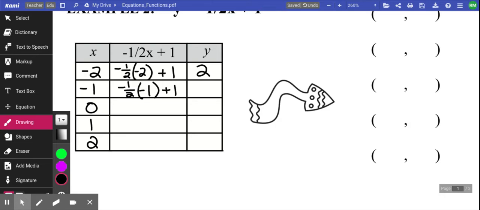So in your calculator, it should say probably 0.5. And then you're going to add 1 because that's what it tells us to do. So for this next one, you should get 1.5. Okay. And you're going to keep going. If you need to use the calculator to figure it out, use the calculator. If you're finished, I'll come around and check, and then I'll have you go on to some other ones.